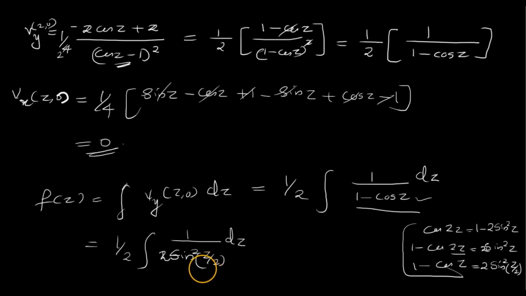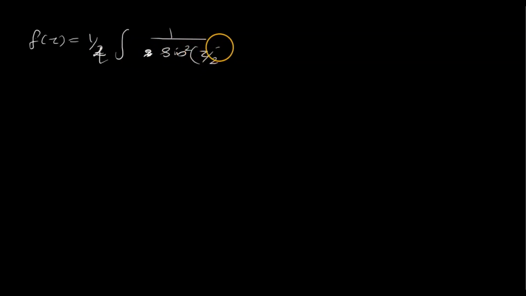Put t equal to z by 2 in order to integrate this. We need to integrate f of z equal to 1 by 2 integral 1 by 2, we can write 1 by 4, so this is sin square z by 2 dz.